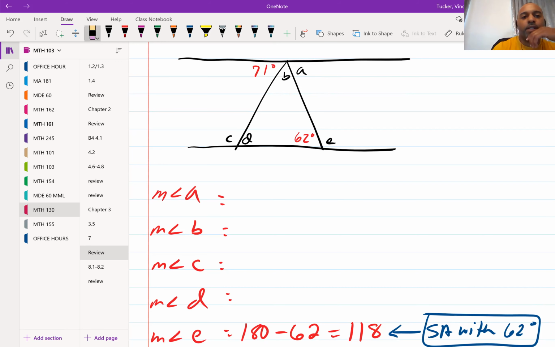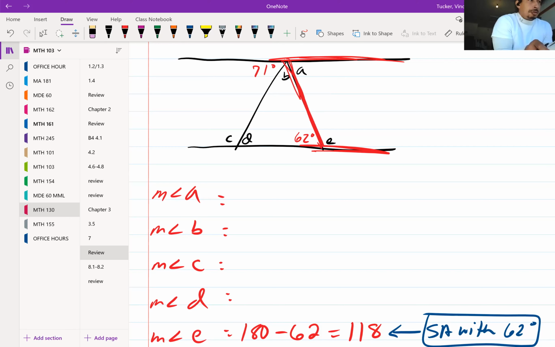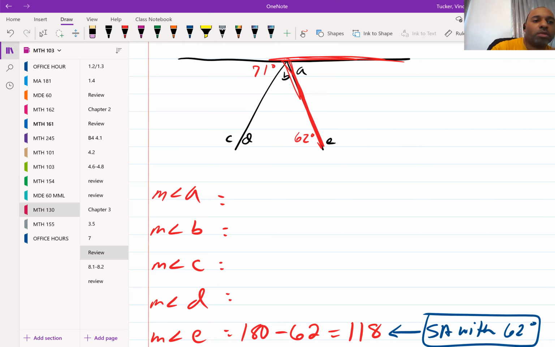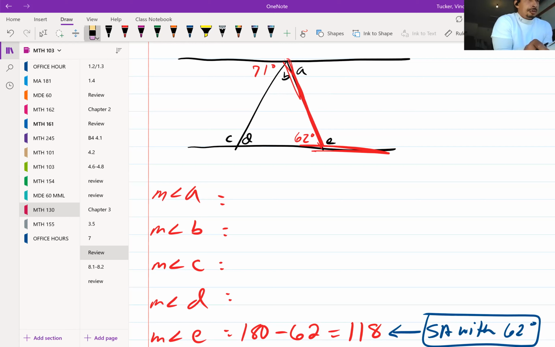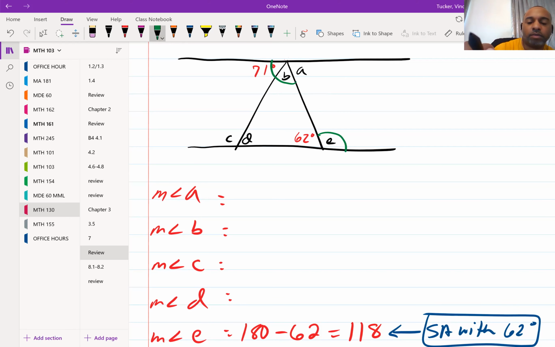What I'm seeing is that these lines are parallel, and I have this line going through. You mentioned alternate interior angles. So then A's got to be 71 too. Hold on one second. E is actually equal to everything on this side.